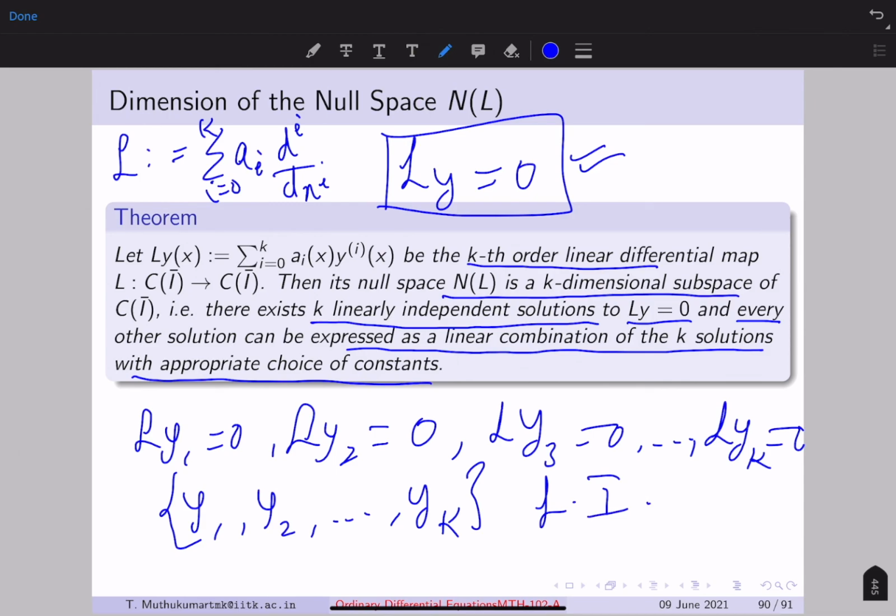You have found every other solution, because every other solution will be of the form alpha 1 y1 plus alpha 2 y2 plus up to alpha k yk.